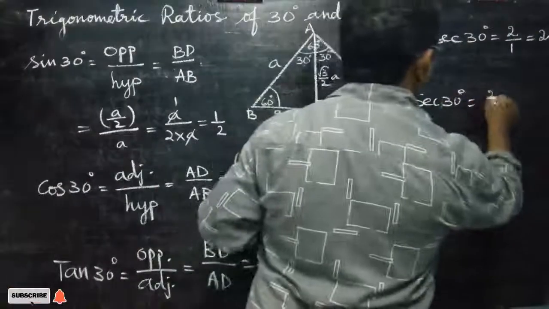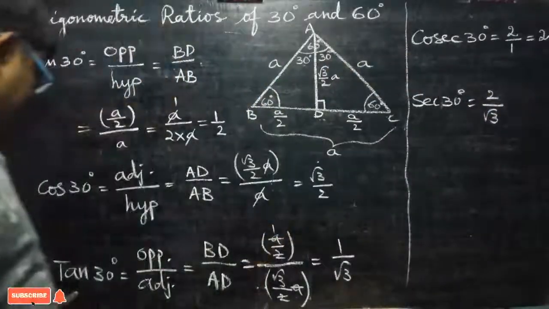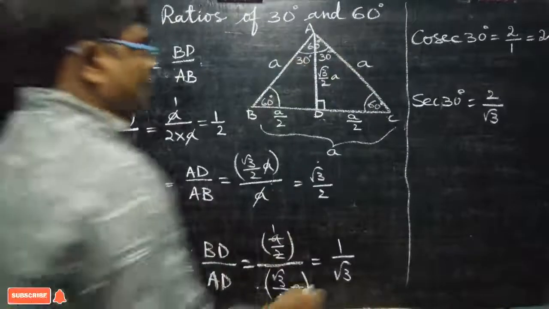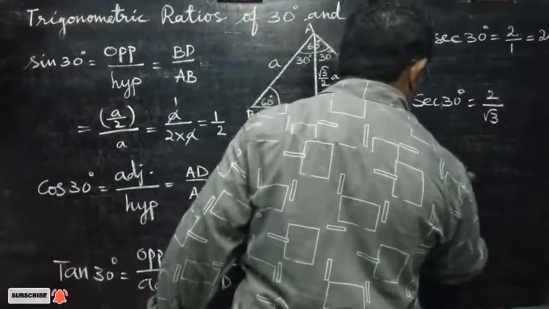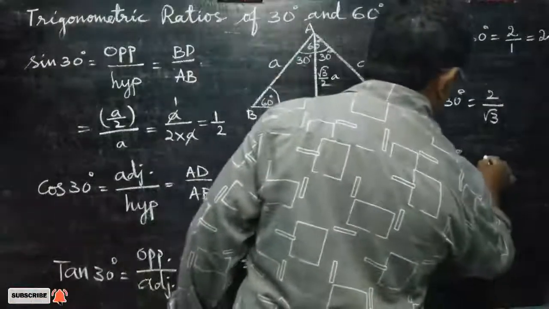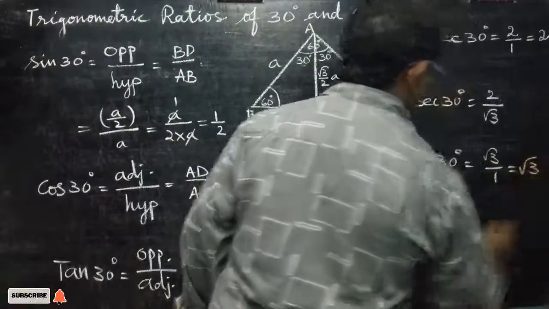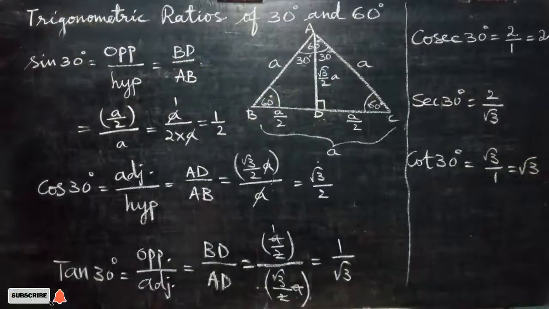Root 3 by 2 means 2 by root 3. Next, cot 30 means reciprocal of tan 30. How much? Root 3 by 1 means root 3. This is the way of finding.